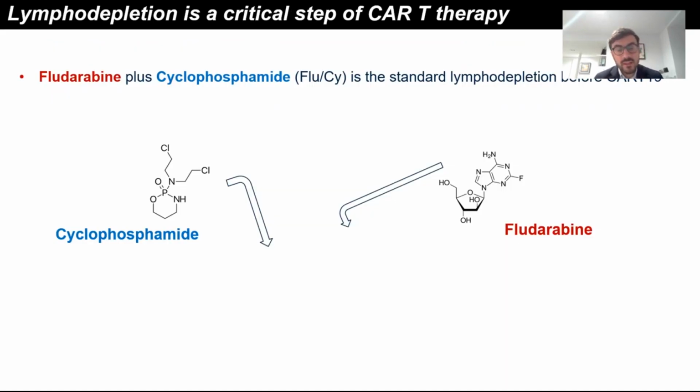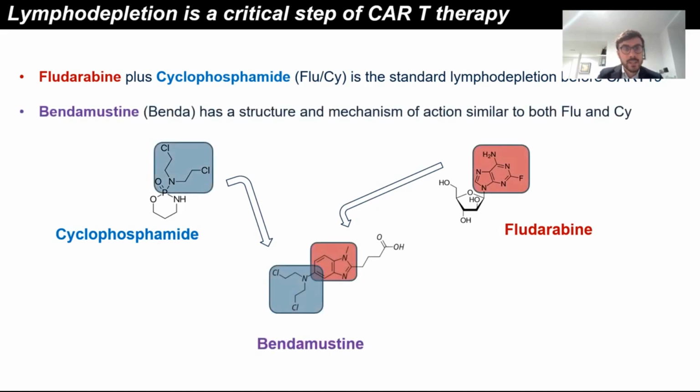And so we had the advantage of having a large cohort of patients that was treated either with fludarabine and cyclophosphamide, pretty standard lymphodepletion therapy, as you can see here and here. But interestingly, as mentioned, we also considered bendamustine, which includes portions of its chemical structure that are similar to fludarabine and also to cyclophosphamide.